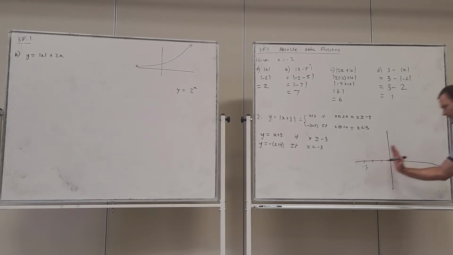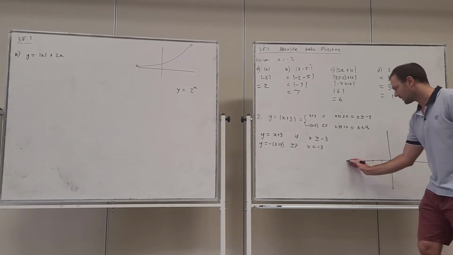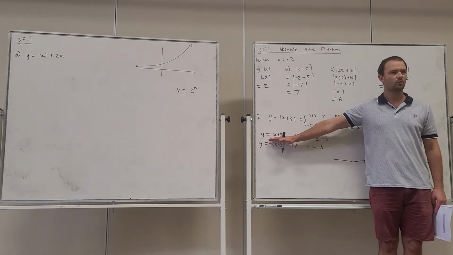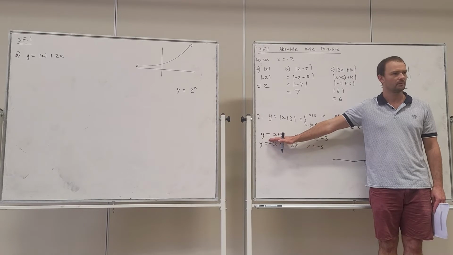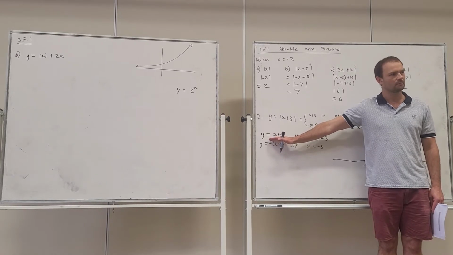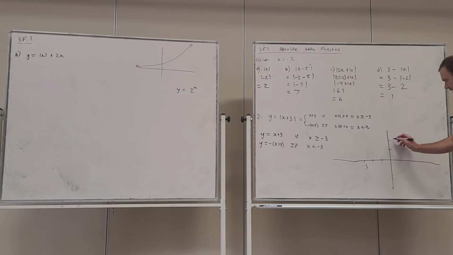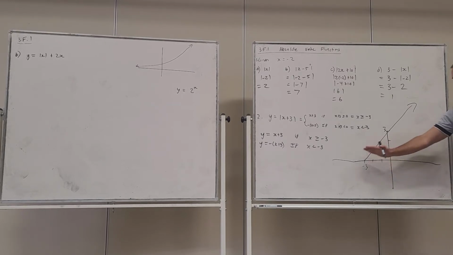All right, so we're considering when x is greater than minus 3, the equation is y equals x plus 3. Now that's the equation of a line. It has a slope of 1 and a y-intercept of 3. So I'll put the y-intercept up here. And so it's going to be this line. For values greater than minus 3, sorry, that's the graph of the line.